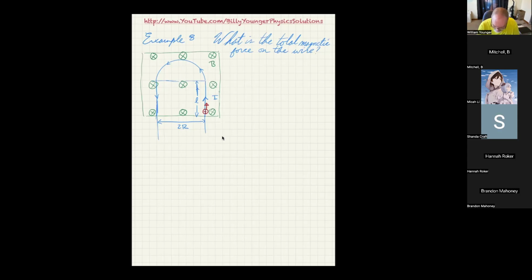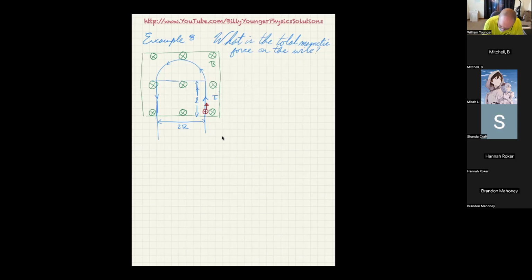Can anybody tell me which direction that force is? Someone says left. So we got QV going up. B, once I decide that, that's going to nail my hand down. So B actually goes into the page. So yes, it would be to the left.